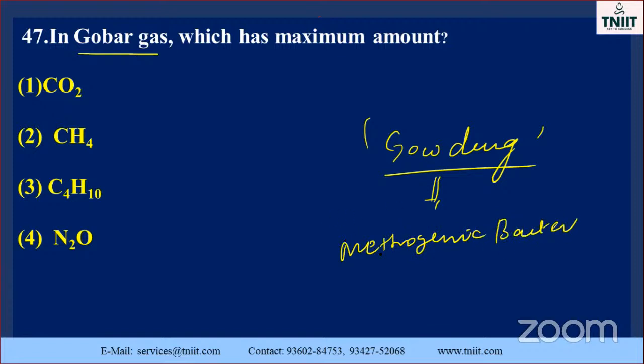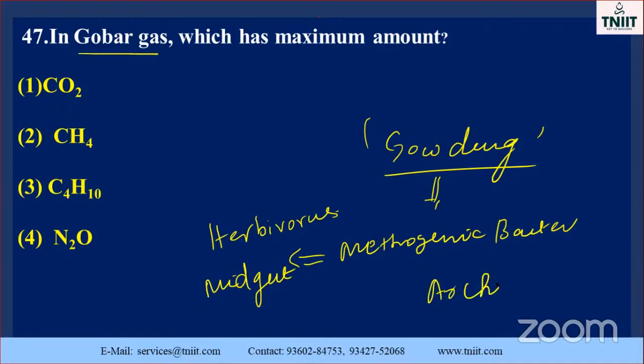Cow dung, already you know. Particularly in herbivorous animals, in the rumen. The methanogenic bacteria are present in the gut of herbivorous animals. Already studied in archaebacteria. Classification of bacteria, otherwise called what is that? Monera.